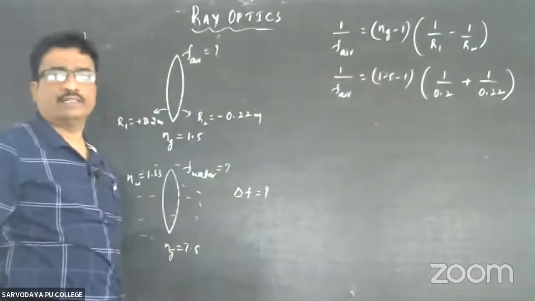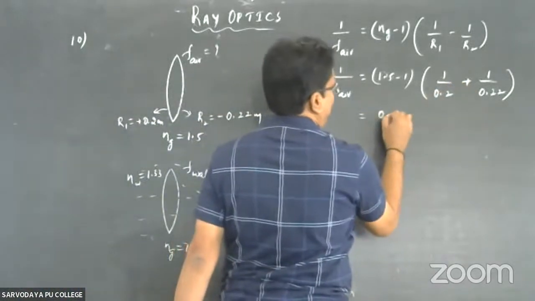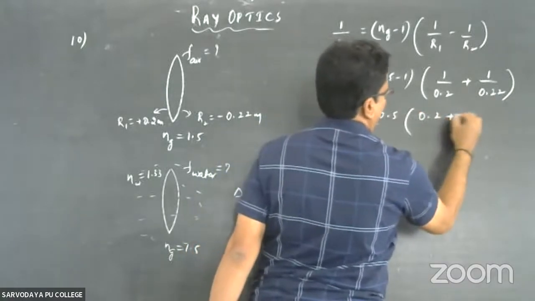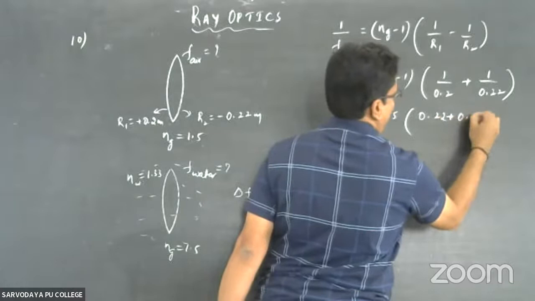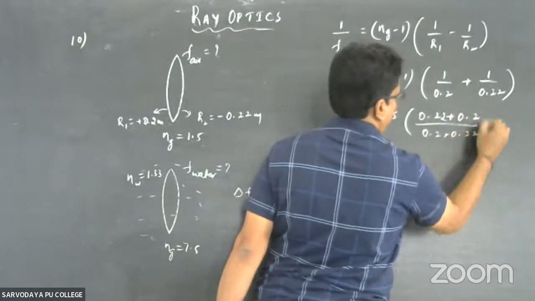Therefore, it is 0.5 into 0.22 plus 0.2 divided by 0.2 into 0.22.